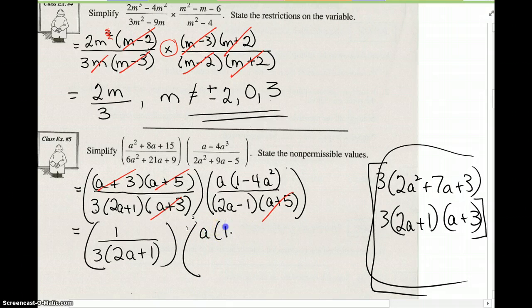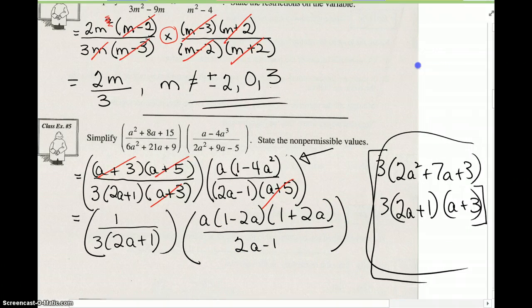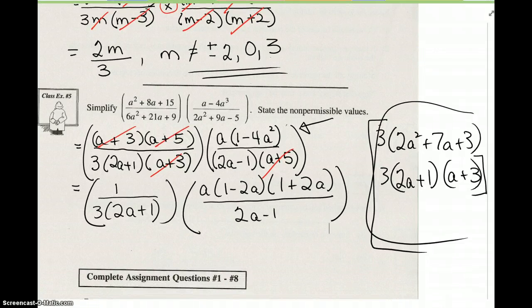I have a 1 minus 2a, and I have a 1 plus 2a. So I should have done that right here. I only caught it now, so I'll do it down here. I still have a 2a minus 1 that I haven't got rid of. So let's do a little bit more cancellation here.